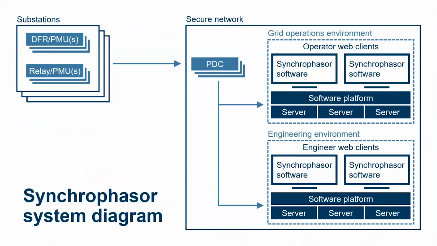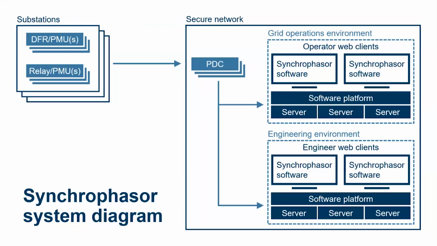This is an example diagram of Salt River Project's PMU system, where they essentially have DFRs and PMUs or relay PMUs in their substations, and those are sending data back to a centralized location. This is typically referred to as a phasor data concentrator. And from that phasor data concentrator, the data is then distributed to different environments.